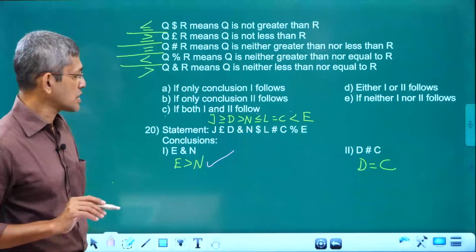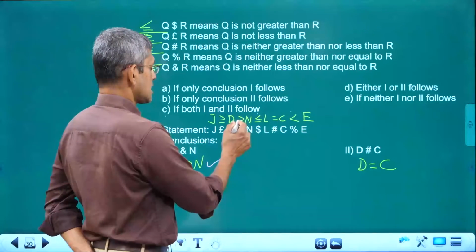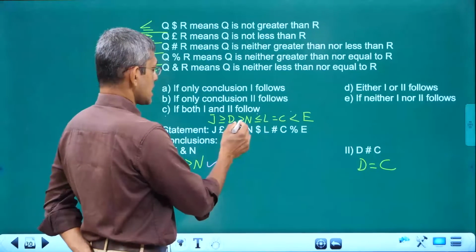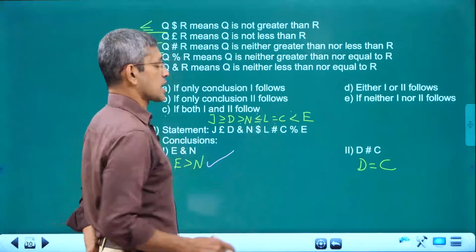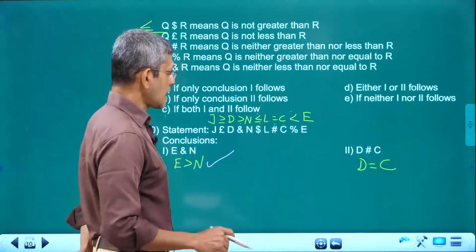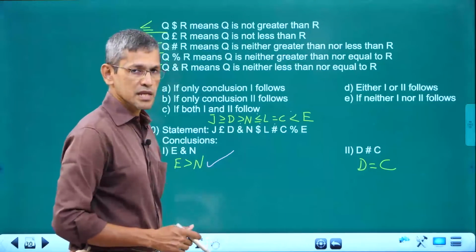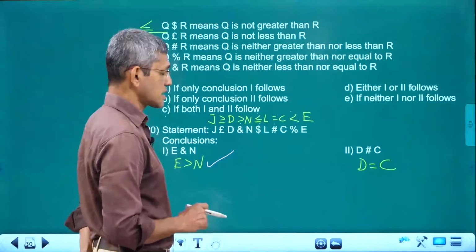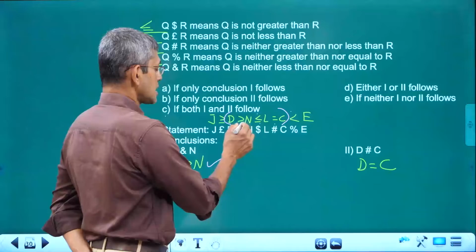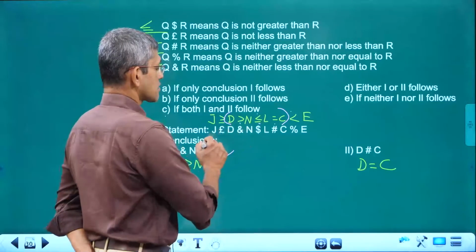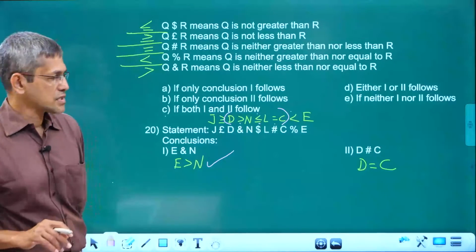Second one, D is equal to C. So look at D and look at C. Between D and C, we have greater than, less than or equal to, and equal to sign. Since we have an equal to sign between D and C, we cannot always say that D is equal to C. Greater than and less than or equal to means contradictory symbols.